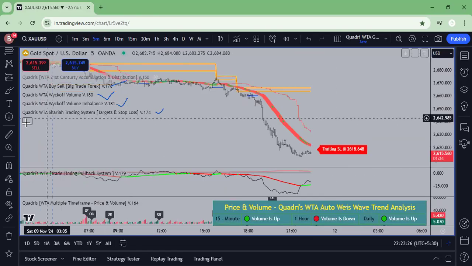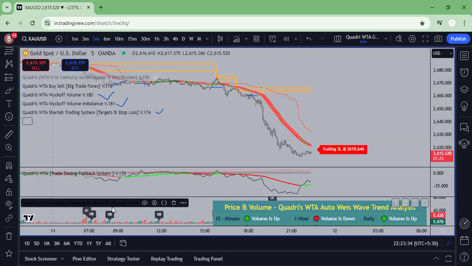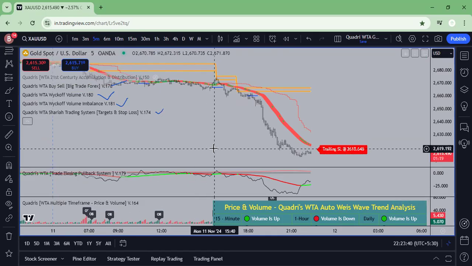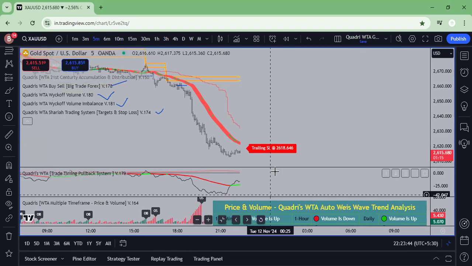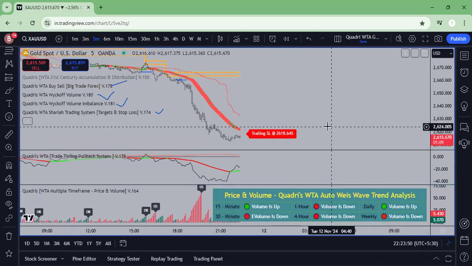In this video, I'm going to go through the multiple time frame price and volume indicator, which is based on the original indicator of David Weiss with certain adaptations and some modernization, and I added some new features into it.